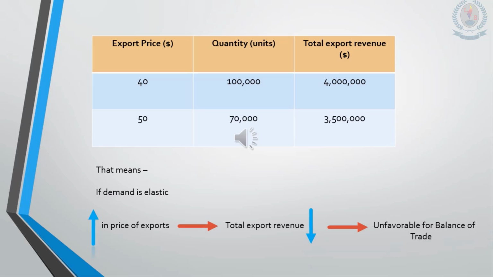So 70,000 into 50, that is 3.5 million. It is true that when the export price increases, the terms of trade improves. That is fine. But when demand is elastic and the export prices increase, the export revenue will come down. A reduction in the export revenue is unfavorable to the balance of trade.